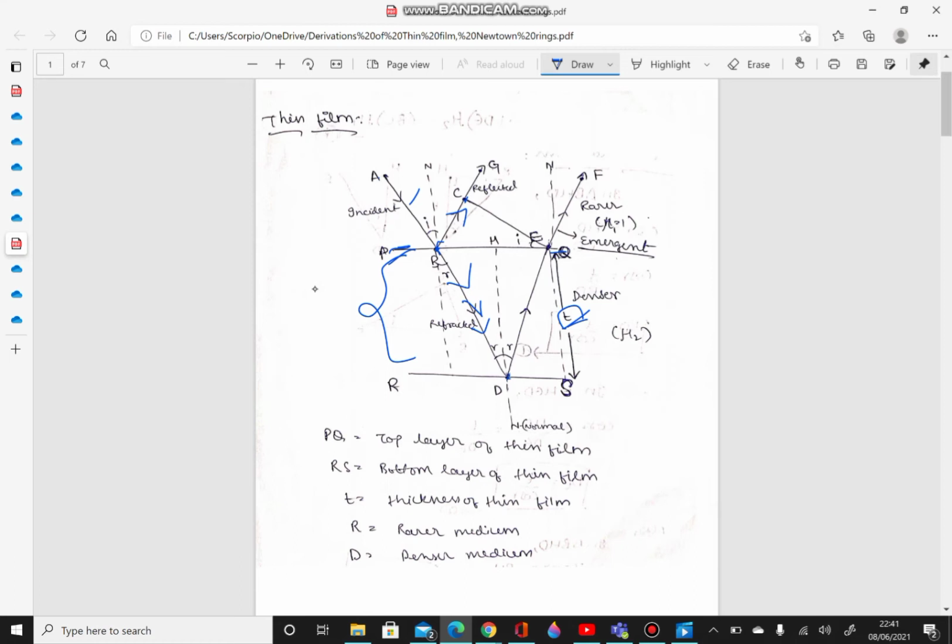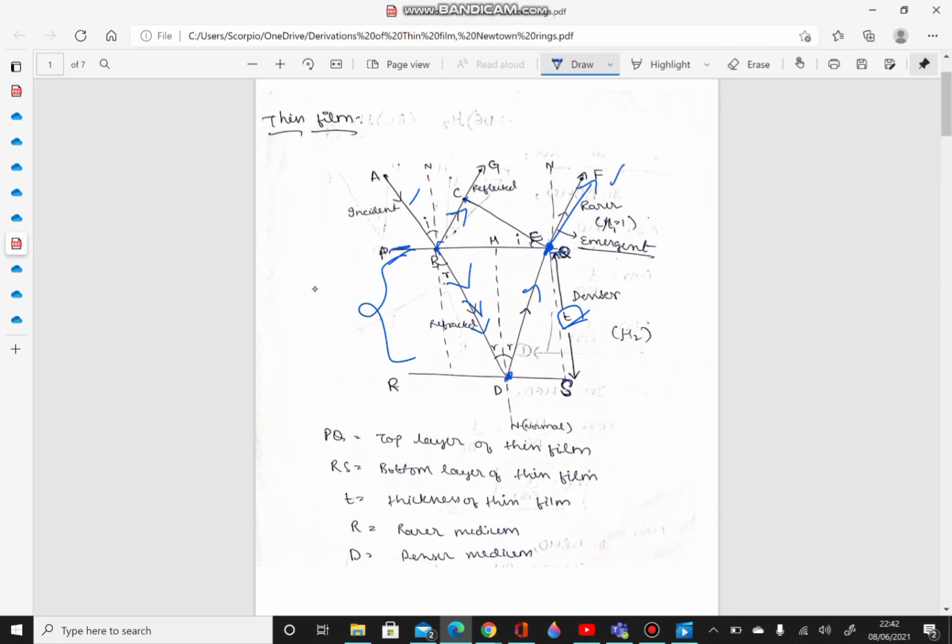On reaching the bottom surface of this thin film, this ray gets reflected once again to reach the top surface PQ, that is, this is another ray DE, and from the point E, the light ray goes out into the air medium once again, that is, this is the emergent ray EF.